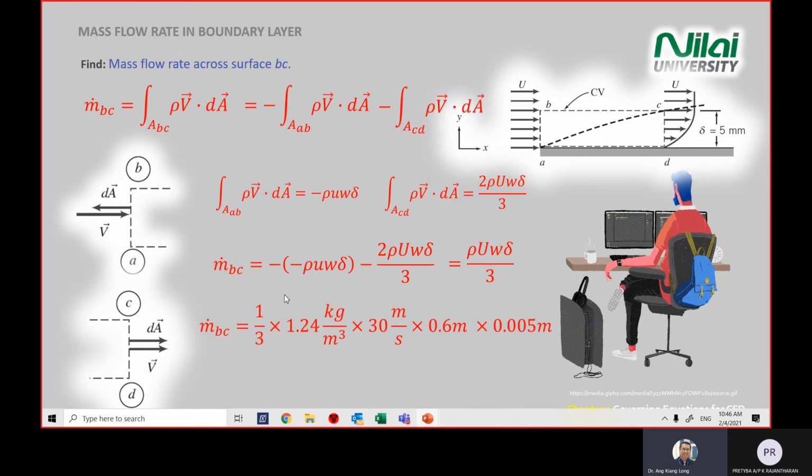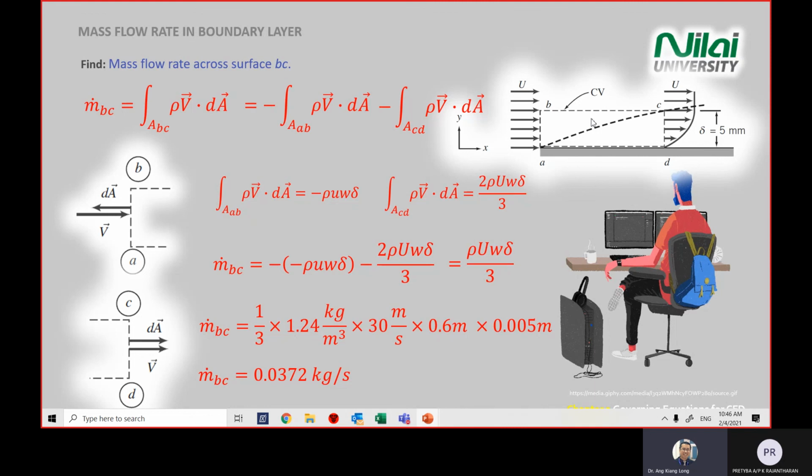So you substitute all the values given. If you do the hand calculation, remember to change everything into SI units. However, in ANSYS itself, just be careful to set the correct units in the simulation. At the end, your answer will be around 0.03 kilograms per second.